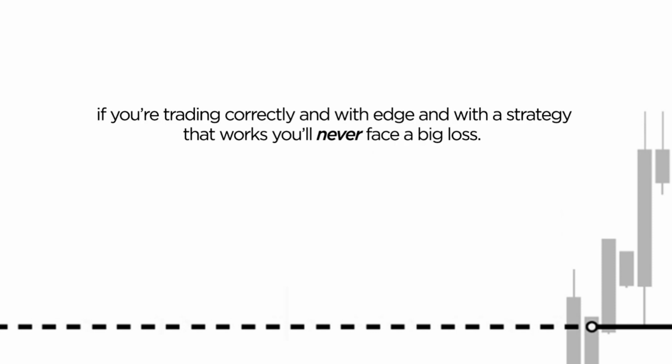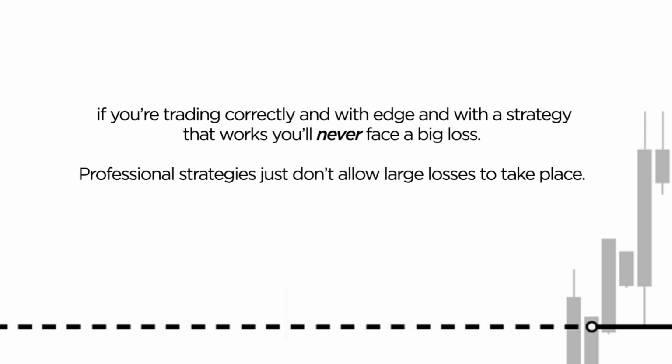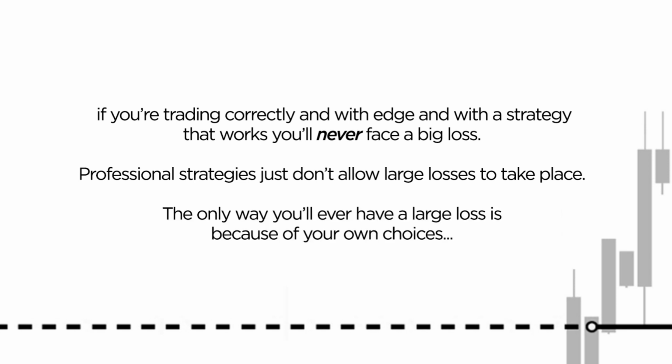Now, if you're trading correctly and with edge and with a strategy that works, you will never face a big loss. You know, outside of slippage, of course, or black swan events, again, professional strategies just do not allow large losses to take place. The only way you'll ever have a large loss is because of your own choices, i.e.